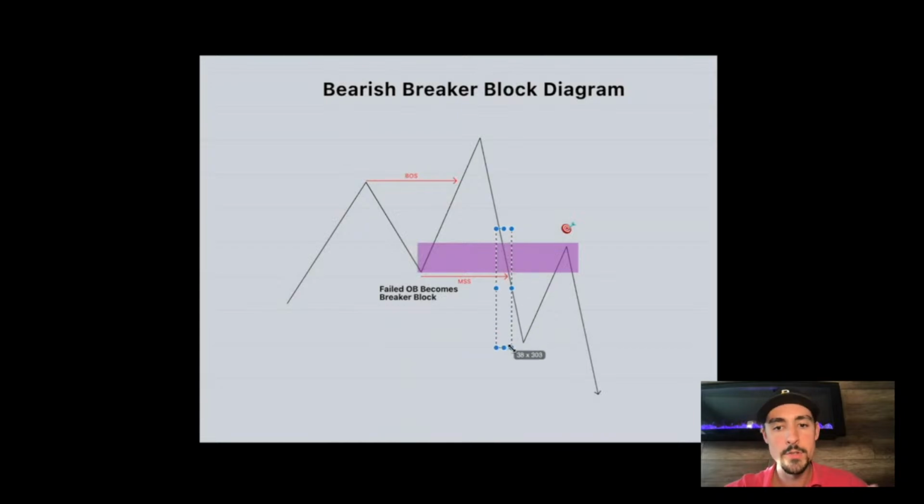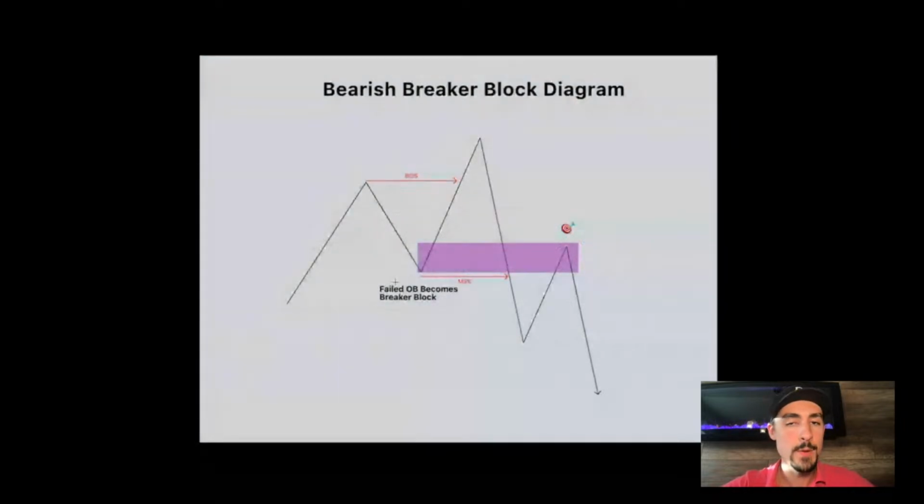There's no slowing down. We just trade directly all the way through it. Failed order block then becomes a breaker block. We expand it out and we can look to take shorts, right? There's your entry. There's your little target, okay, for entry, where you would then be taking sells and targeting some form of liquidity to the left.